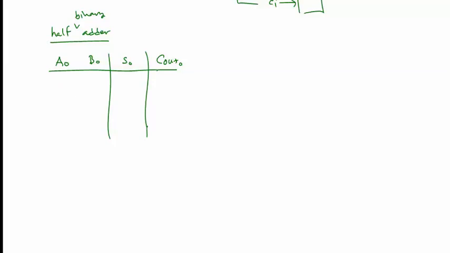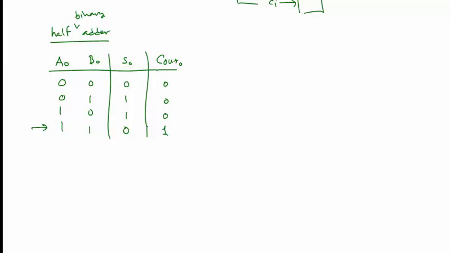Okay, so we have 4 combinations on the input, right? And so 0 plus 0 is 0, and the carry is 0. 0 plus 1 is 1, carry is 0. 1 plus 0 is 1, carry is 0. And 1 plus 1 is 10. So this is the key one here. 1 plus 1 is 10. So we have 0 for the ones position, and we carry 1.